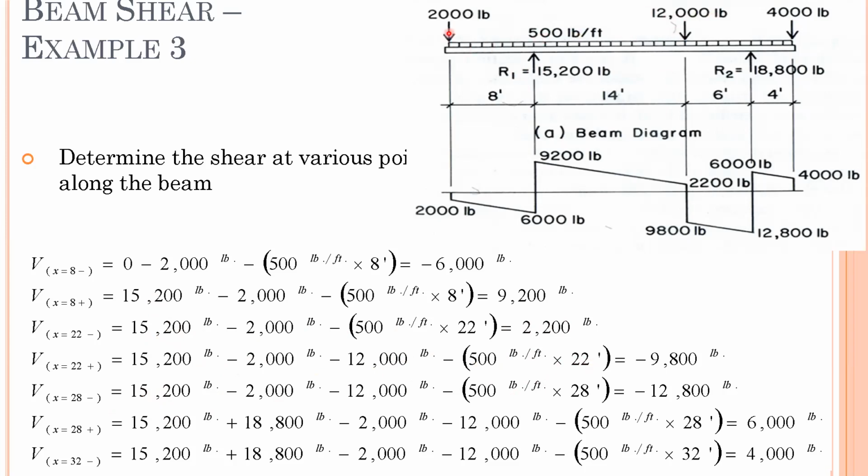So all of that is negative. The UDL coming here is negative, plus this from this positive force here. So that's how you get your minus 9,000 here. This again, now look, all right, we're going to move up to 28 distance. 28 is where? It's 8 plus the 28, right here. All right.